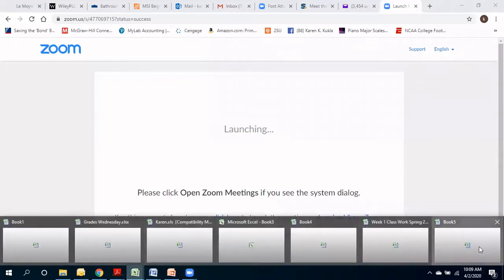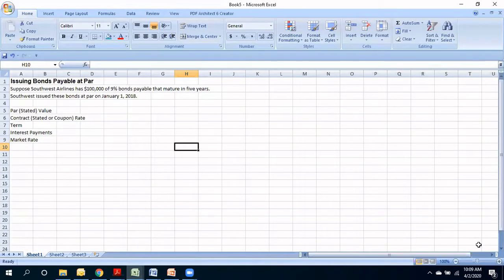This spreadsheet takes the information from the PowerPoints, starting with slide 10, issuing bonds payable at par. Maybe it's slide 9. Sorry about that. It was on a different slide.